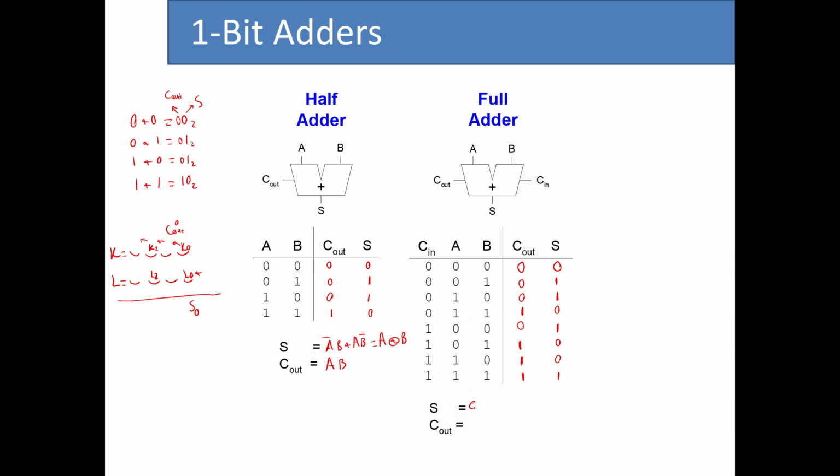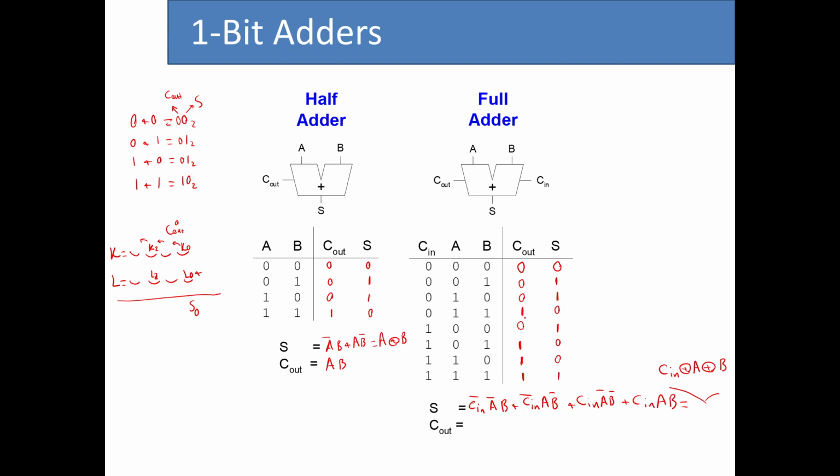So it's going to be C in bar A bar B plus C in bar A B bar plus C in A bar B bar plus C in A B. This is equivalent to XORing these 3 inputs as well. So this is C in being XORed with A, being XORed with B.